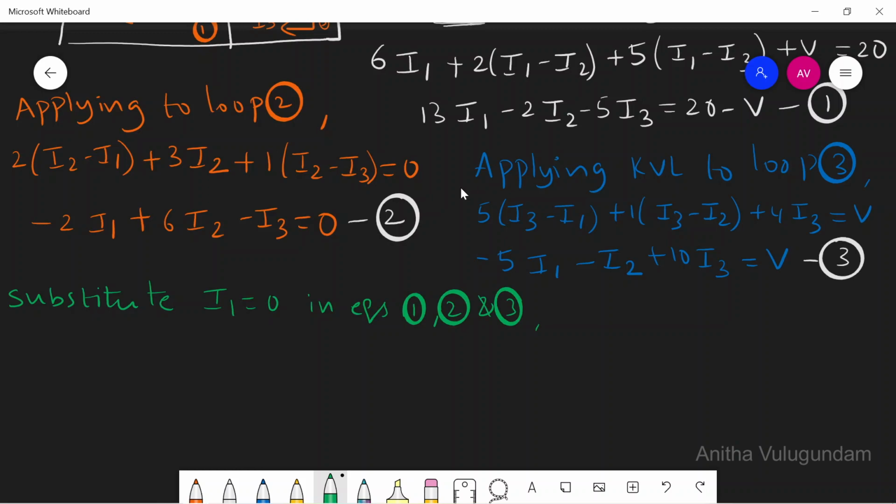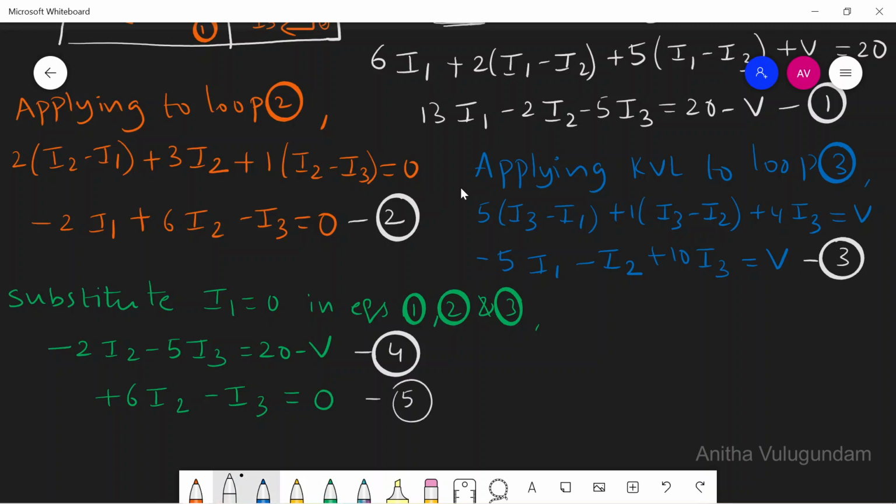Then equation 1 becomes minus 2I2 minus 5I3 equal to 20 minus V. I will take this as equation number 4. Equation 2 becomes plus 6I2 minus I3 equal to 0. I will take this as equation number 5.